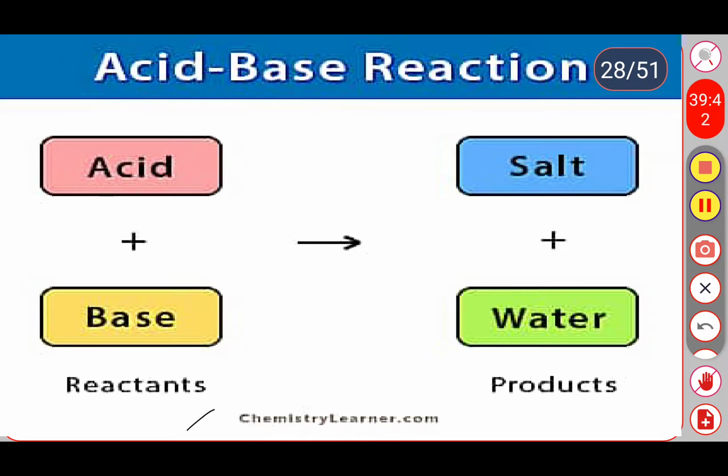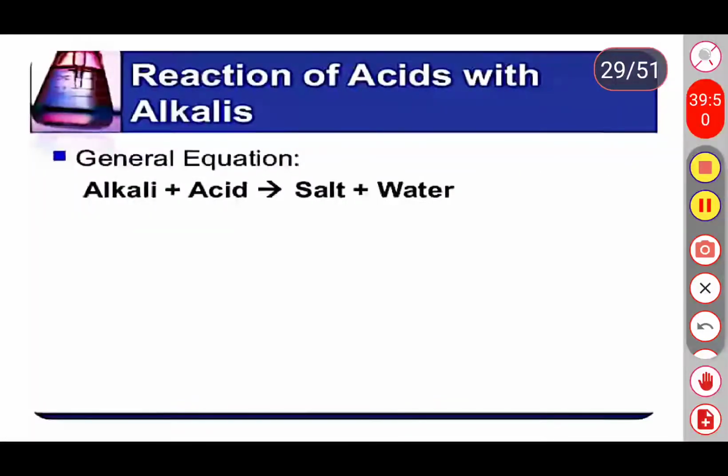See here, the first type of reaction: when acid is combined with a base, it forms a salt and water. This is the general equation of the reaction. Bases are also called alkalis. When alkalis are combined with acids, they form a salt and water.